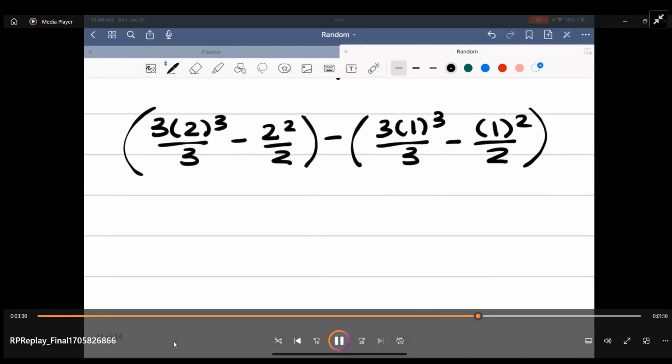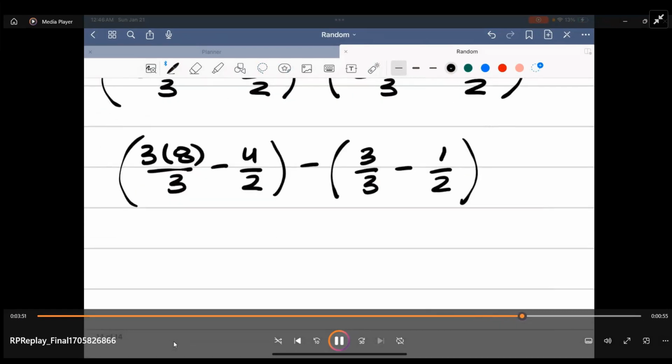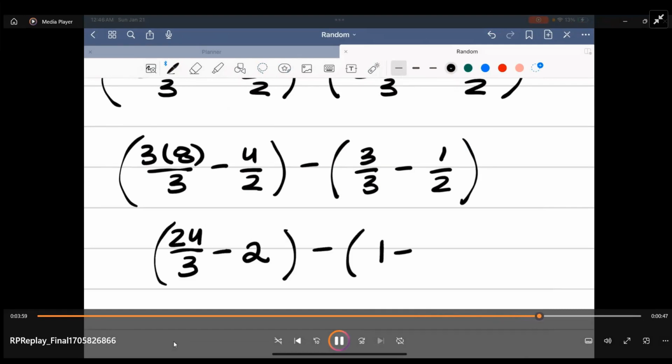And now it's just all simplifying. So 3 times 2 times 2 is 4, 4 times 2 is 8, divided by 3, minus 2 times 2 is 4, divided by 2, minus 3 times 1 to the power of 3, which is just 1, so 3 divided by 3, minus 1 half. That's 24 divided by 3, minus 2, minus the quantity 1 minus 1 half.